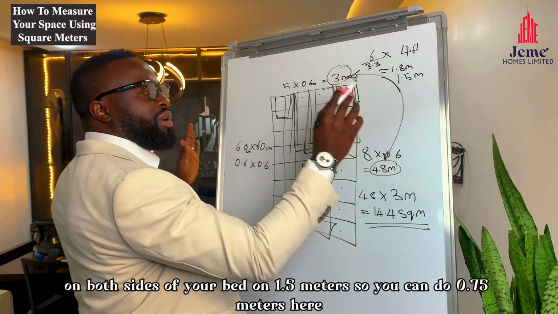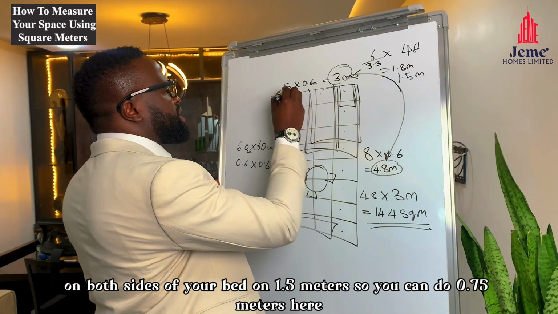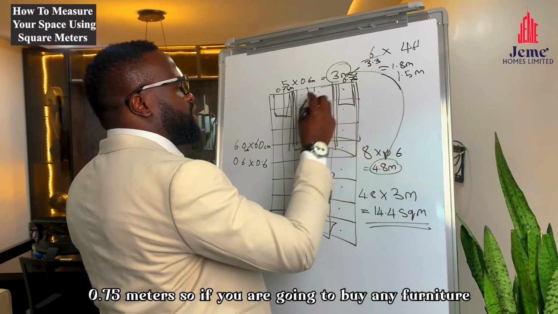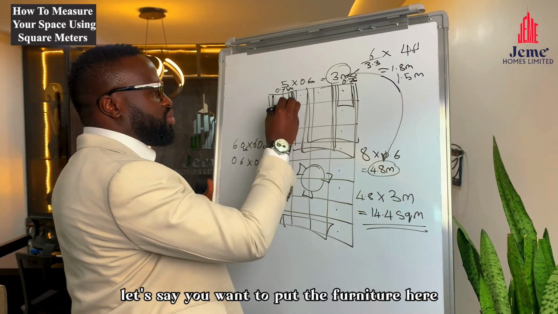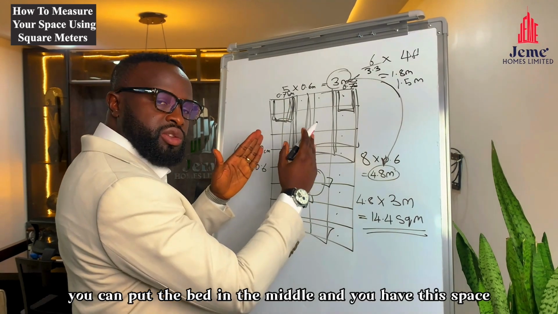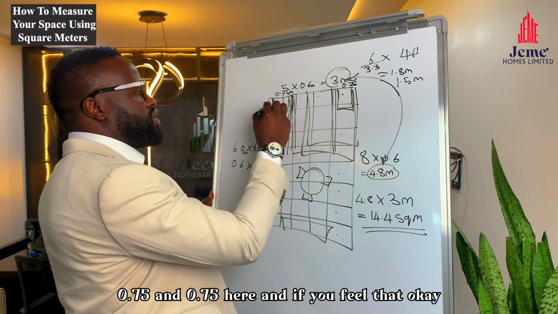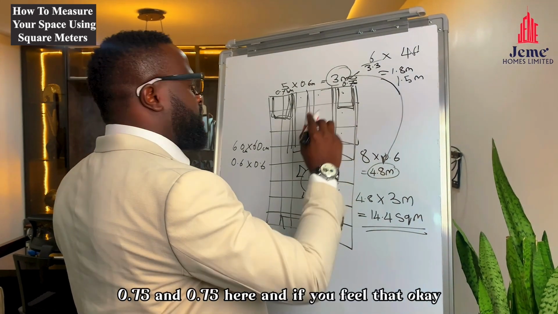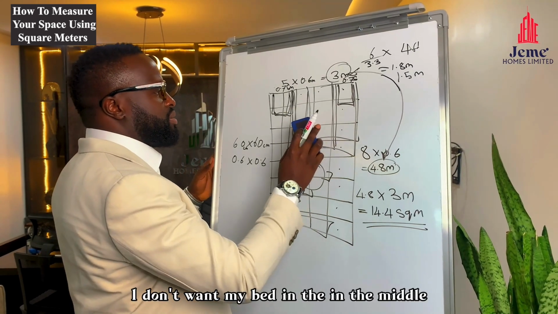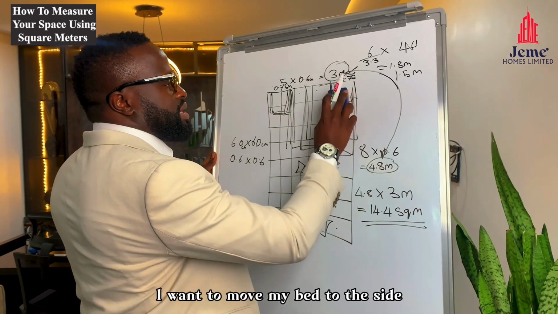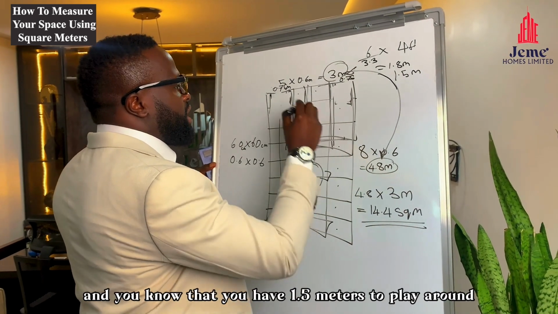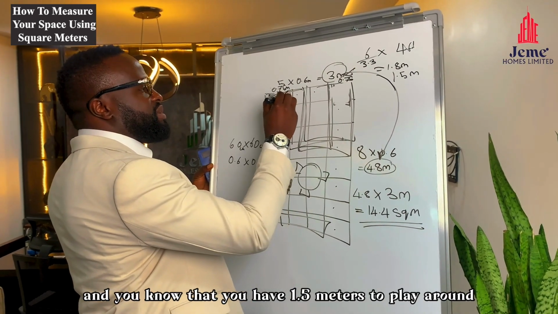If you want to put a flower vase, you can put the bed in the middle and you have 0.75 and 0.75 on both sides. And if you don't want your bed in the middle, you can just move your bed to the side of the place, and you know that you have 1.5 meters to play around.